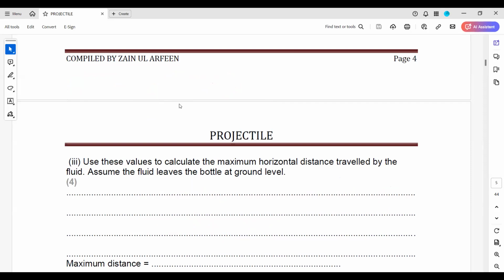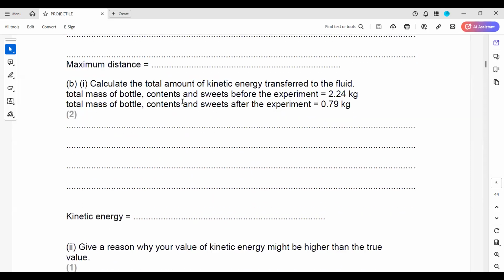So either you consider the full motion. The next is to calculate the total amount of energy transferred to the fluid. The mass of the bottle content and the fluid before the experiment was 2.24 kg, and the total mass of the content after the experiment is 0.79 kg. Not all of the liquid escaped the bottle. So how much liquid moved out from this bottle?